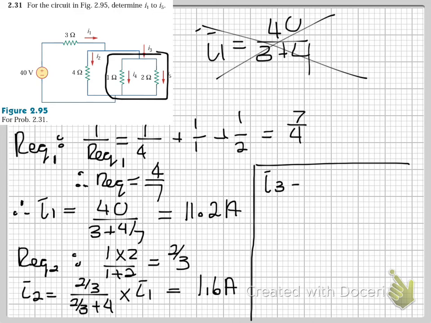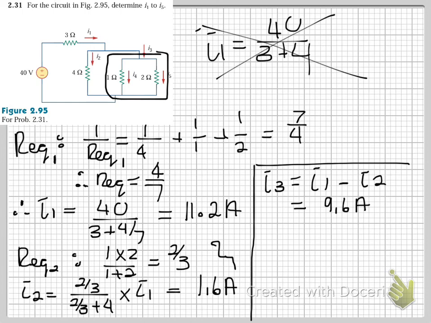And for I3, you could do the same thing we did here, or you could just say I3 is I1 minus I2, which is 11.2 minus 1.6. That gives us a value of 9.6 amps. Okay, and then now to find I4 and I5, right?